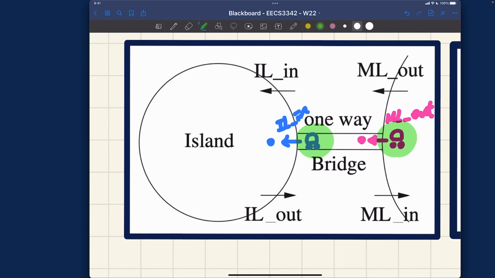They are the same car. What I want to say is, whenever you have any ILin over here, there should be a corresponding ML out for the same car, right? You want to keep that in mind, because later on when we design the guard for the ILin, we have to have this particular observation in our mind, which can simplify our guard design. Just keep that in mind. We'll reach there very soon. Alrighty.